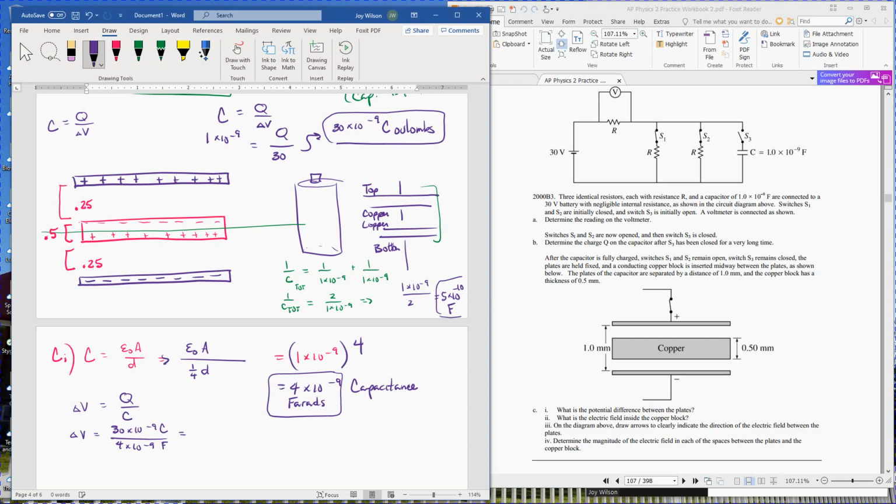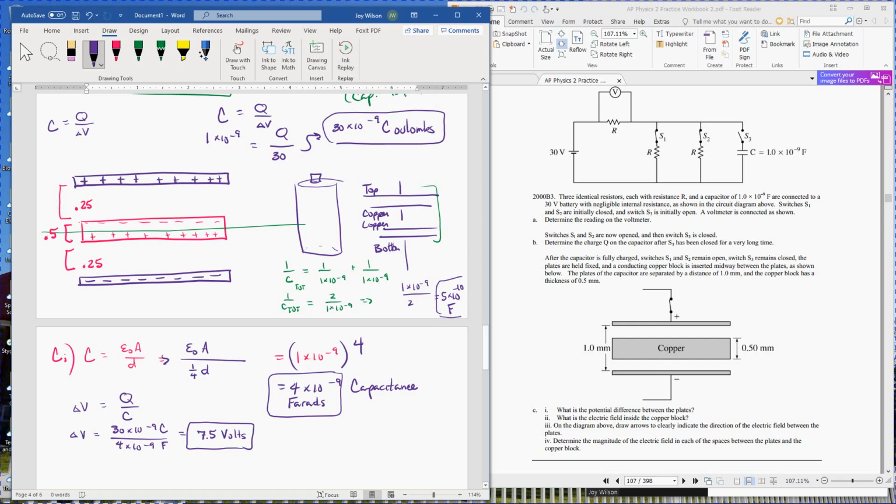So our voltage is now, let's see, the 10 to the negative 9ths cancel out, yay. 7.5 volts. So you'll notice that putting a conductor in there meant that I have to have less voltage. I can't use as much energy because now I've got a conductor instead of an insulator. It's not helping me hold charge, it's helping me move charge.